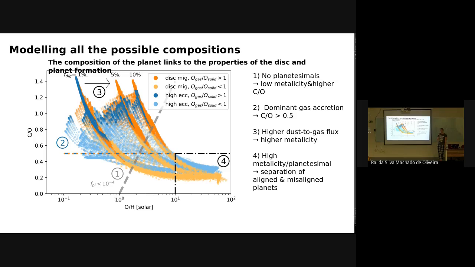And with this, we suddenly will move from this being the realm of possibilities to maybe only this, or only this corner, being the realm of possibilities. And by this, just from the observations of the atmospheres and by understanding how formation should work, we can narrow down what formation does and what planet atmospheres do as well.